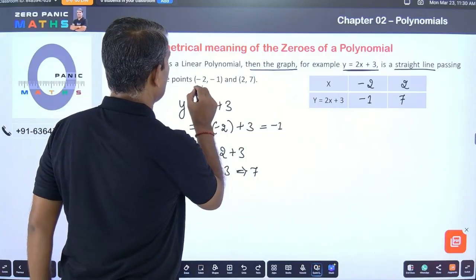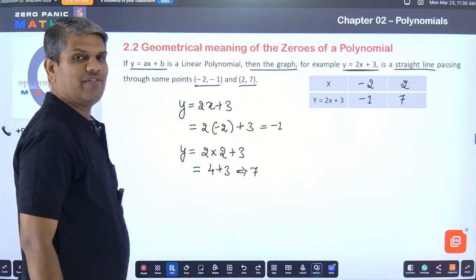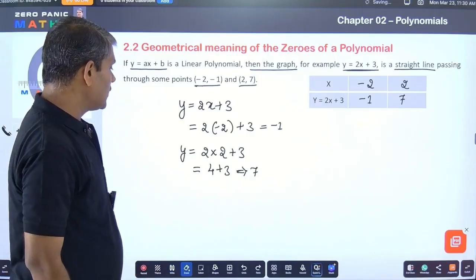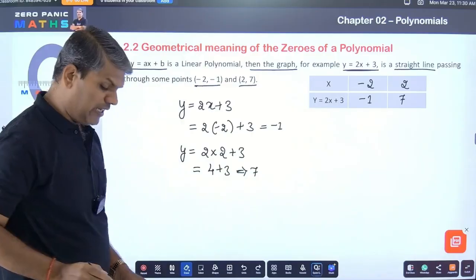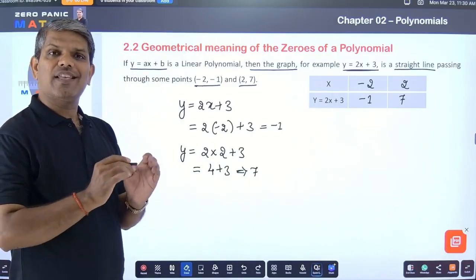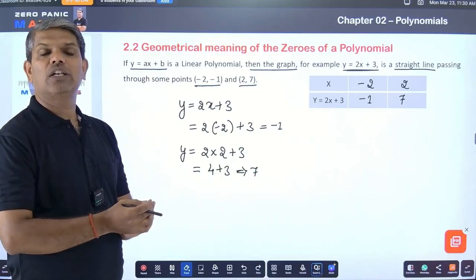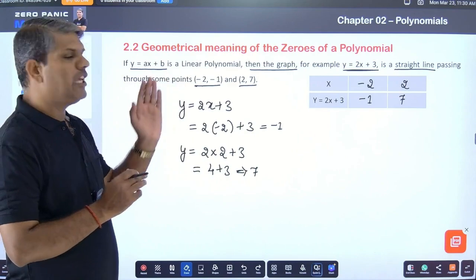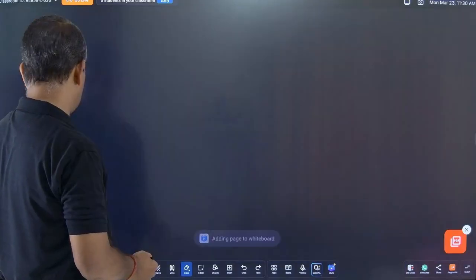What are those 2 points? Minus 2, minus 1, and 2, 7. We're going to plot the graph for these two values and see whether that graph gives us a straight line. Based on that we can find out the zero of a linear polynomial. Let us see that in the next slide.